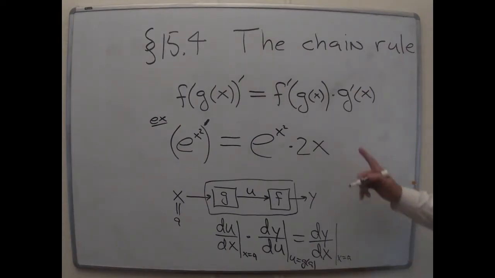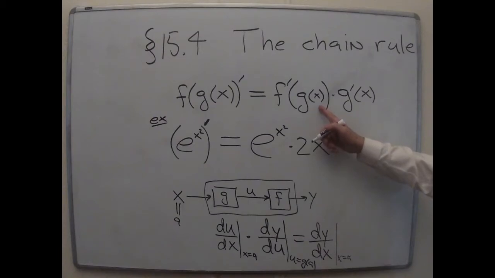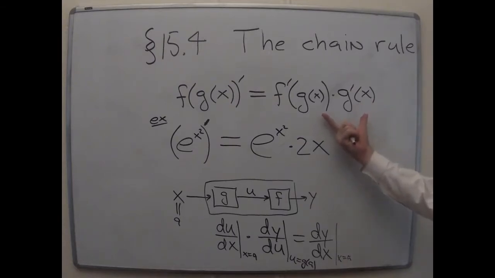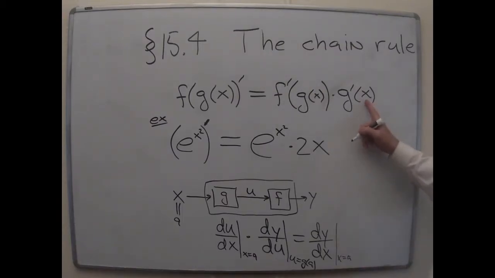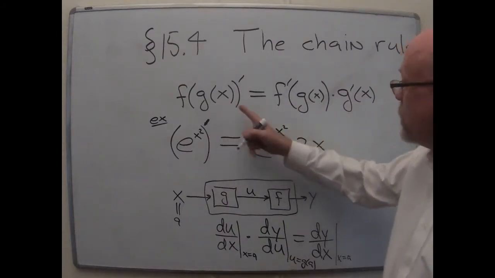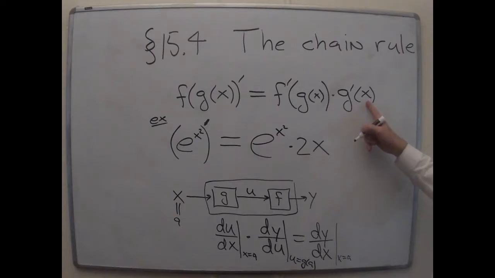So do you see why this f prime had a g of x in it and this g prime didn't? It's to make these things literally be evaluated at corresponding positions for the inputs. Look at what g is getting as its input. It's getting x. So g prime gets x.